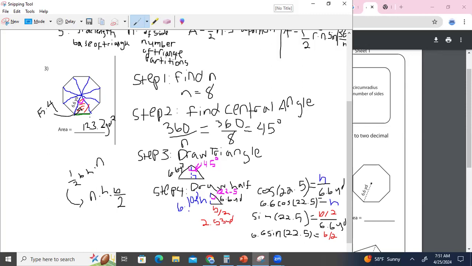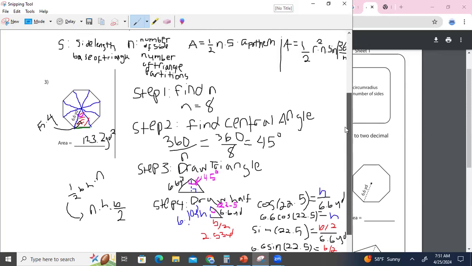You can also double check with the other formula, which is half times your radius squared times n times sine of 360 over n. So let's just double check it with the other thing. So our second radius is 6.6, and this is an octagon, so n is 8.